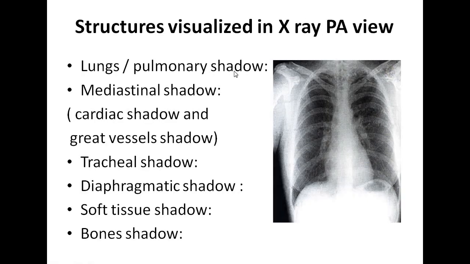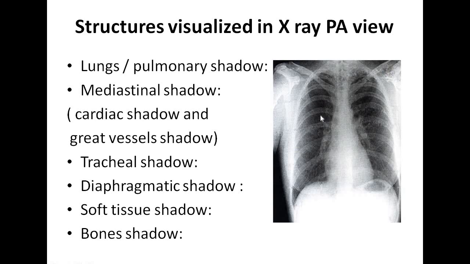Now here, as we have already discussed, these are the shadows produced by the viscera. The shadow produced by the lung is the pulmonary shadow or the lung shadow. On each side of the mediastinum you can see this pulmonary shadow.